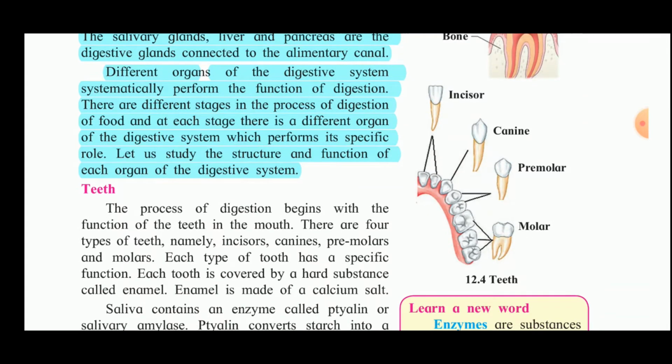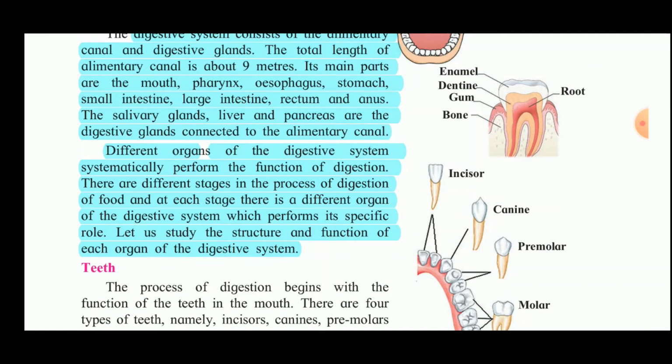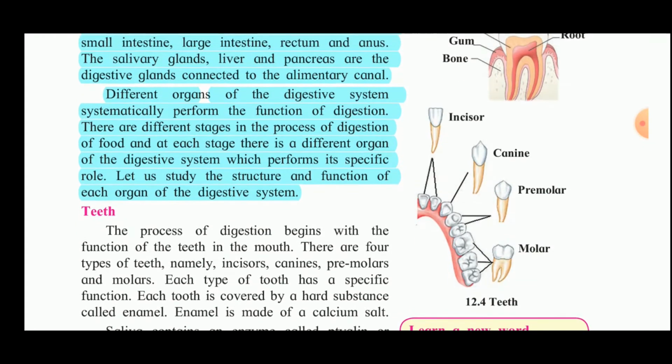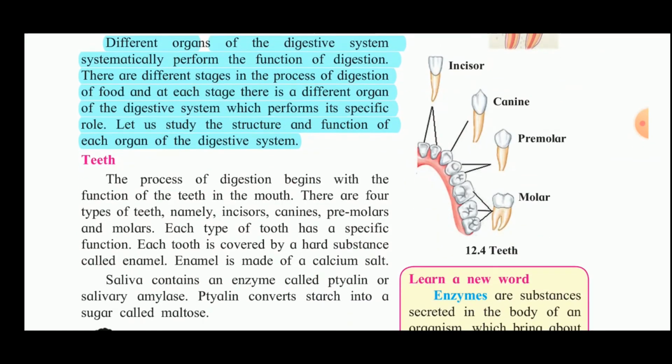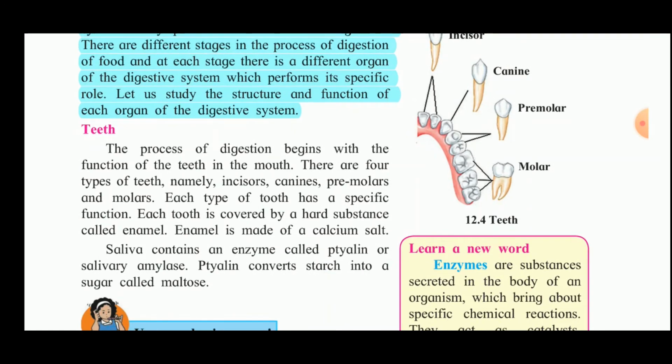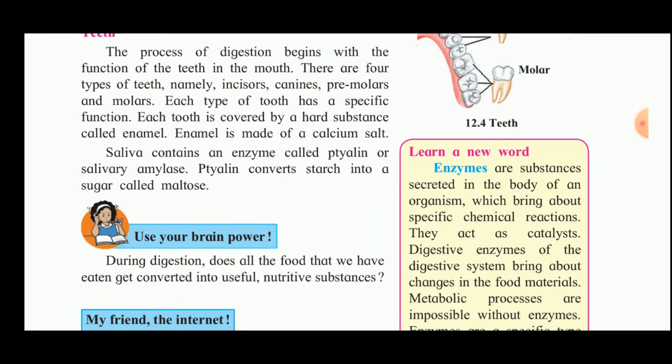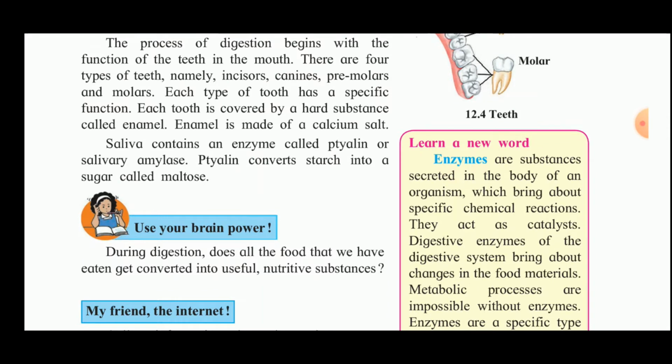Each tooth is covered with a hard substance called enamel. Enamel is made up of calcium salt. Saliva contains an enzyme called ptyalin or salivary amylase. Ptyalin converts starch into sugar called maltose. Enzymes are substances secreted in the body of an organism which bring about specific chemical reactions.